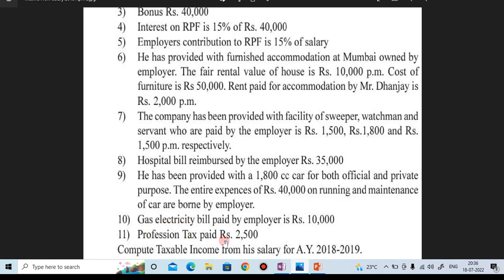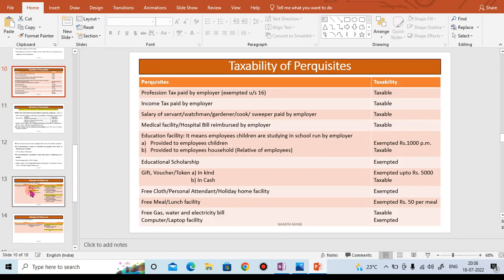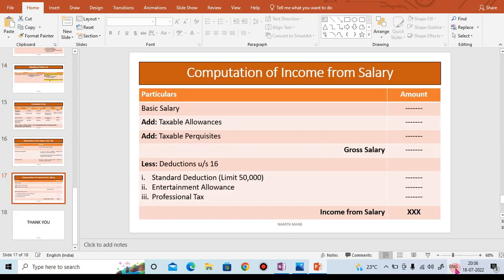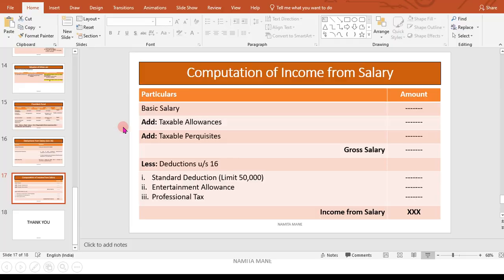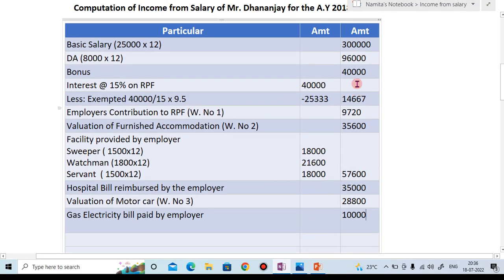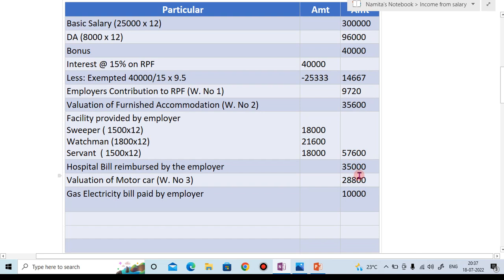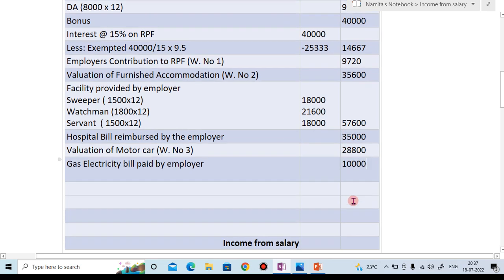After this, professional tax paid 2,500. This is a standard deduction. So as per this format, as per the basic salary, we have taken all the allowances and all the taxable perquisites. Now we have to find the gross salary. Add all this outer column amount, that is 3 lakh plus 96,000 plus 40,000 plus 14,667 plus 9,720 plus 35,600 plus 57,600 plus 35,000 plus 28,800 plus 10,000.